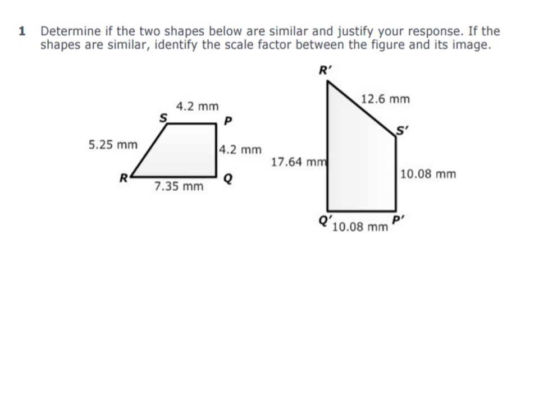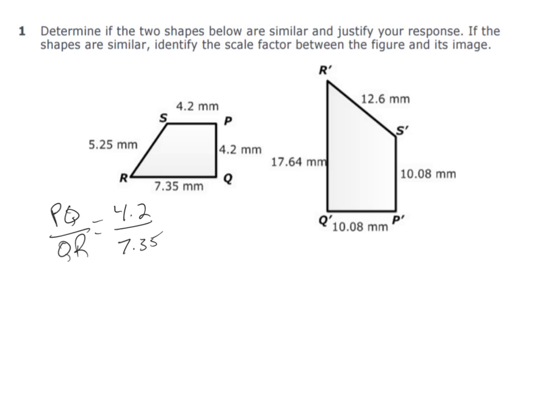Okay? So I have P, Q, and QR, and I'm looking at PQ is 4.2 and QR is 7.35. I also want to look at QR and RS.